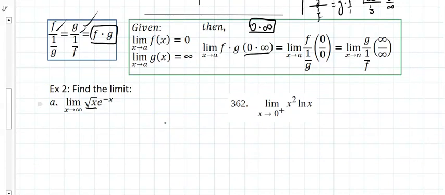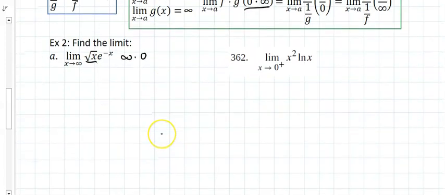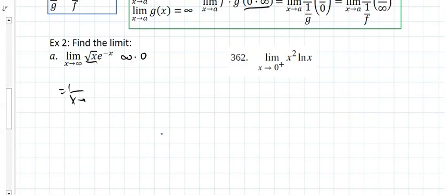In this case, if I take the limit as x approaches infinity, square root will approach infinity, and e to the negative x as x approaches infinity, that's a 0. In this case, I could manipulate algebraically and say, well, simple fix, e to the negative x, I could move it to the denominator. Now this is infinity over infinity.